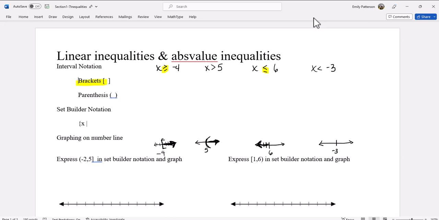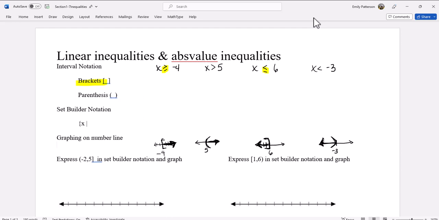But having the less than or equal to means the hard bracket, the squared off bracket here, and it's everything less than 6. And when we have just less than without the equal to, we're still going to go smaller, or to the left, on the number line, but this means I'm going to have the rounded bracket, and I'm going to make that round right there.